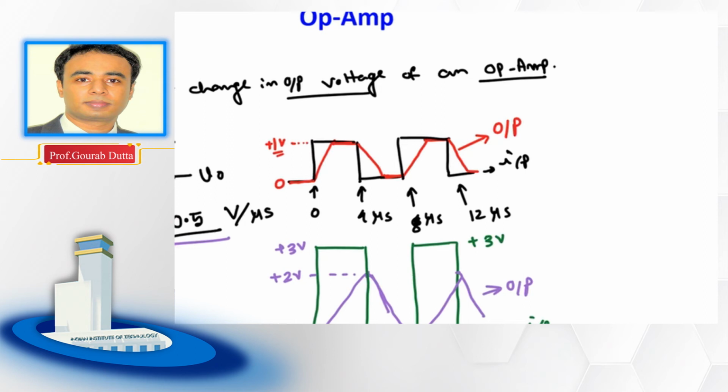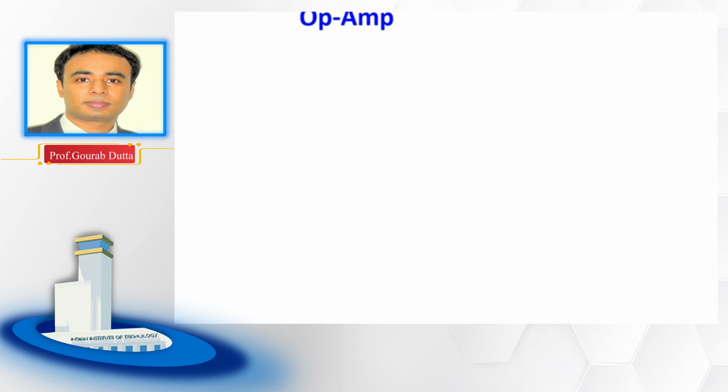But if there is a gain, then that gain will also affect this distortion. So maybe in the next page, let us see the case of a non-inverting amplifier and try to understand this slew rate.